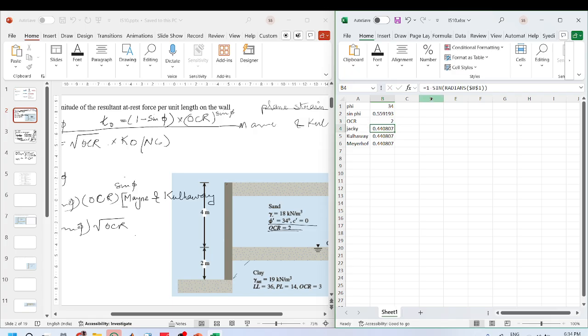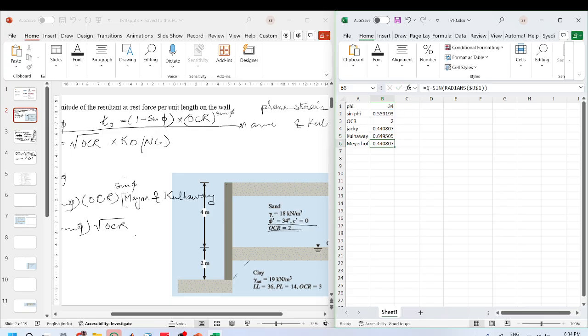And we'll write this as 1 minus sine phi. This will be 1 minus sine phi into OCR raised to power sine phi.